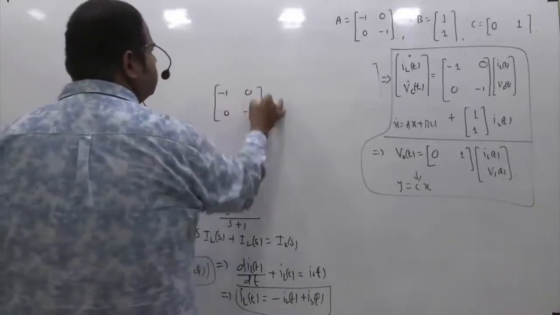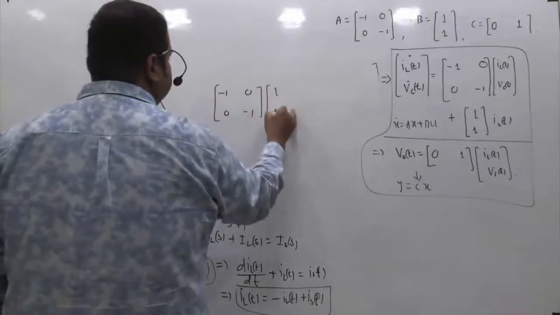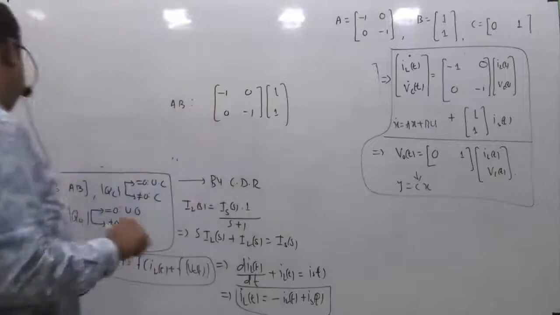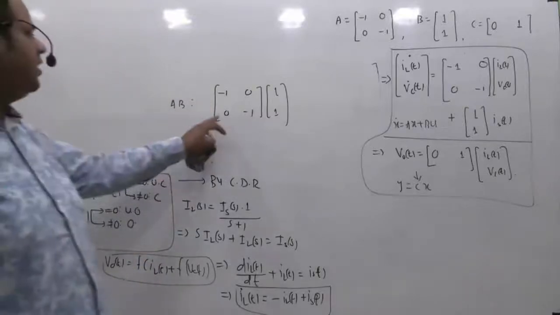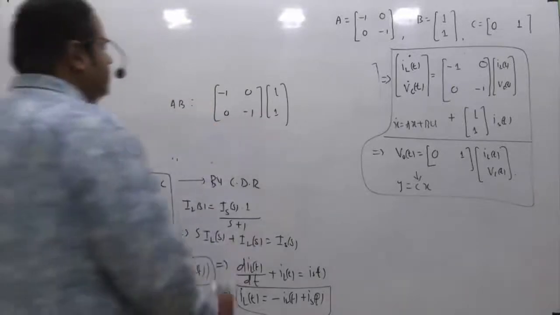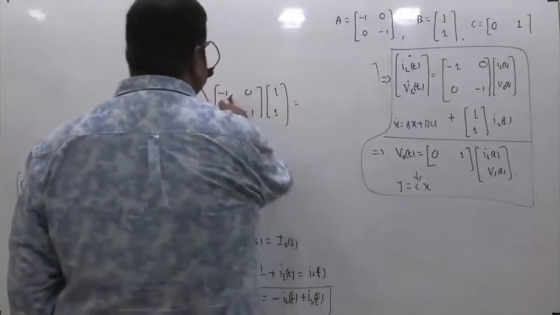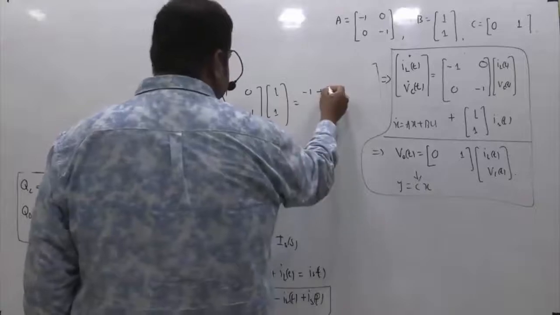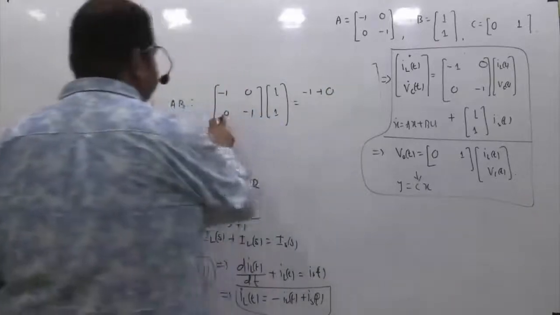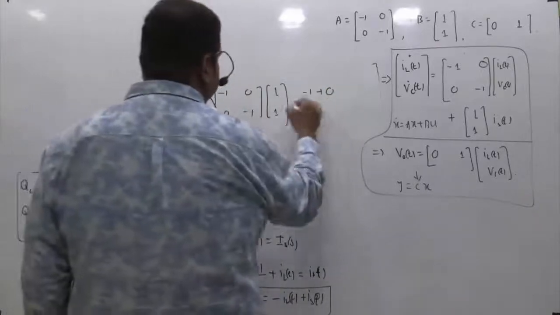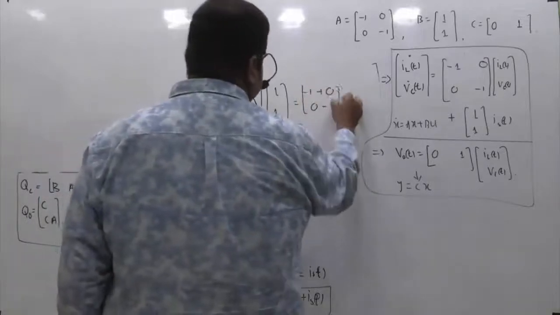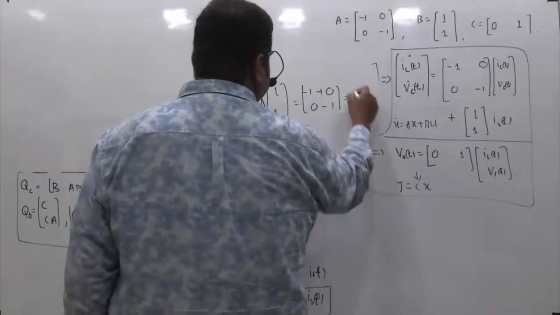This is the A matrix, and the B matrix is 1 and 1. So I am evaluating AB, the A matrix multiplied by the B matrix. If you are finding this, how much will you get? Minus 1 into 1 is minus 1, plus 0 into 1 is 0. Next you have 0 into 1 is 0, plus minus 1 into 1 is minus 1. So you are getting minus 1, and this is also minus 1.